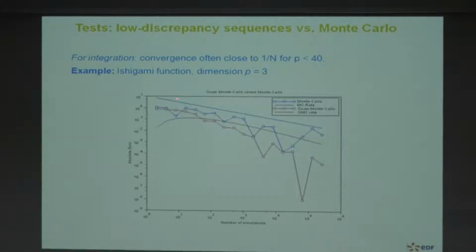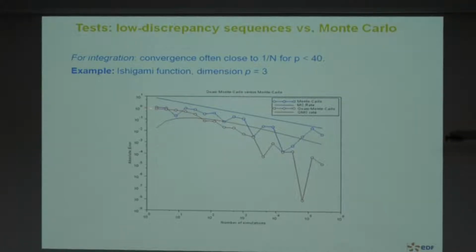So this is the theoretical rate, and this is the observed on the particular functions. What we can observe, this is the absolute error in a logarithmic scale, and this is the number of points in the logarithmic scale. Okay? So I increase the number of points, and so I decrease the integration error, hopefully.